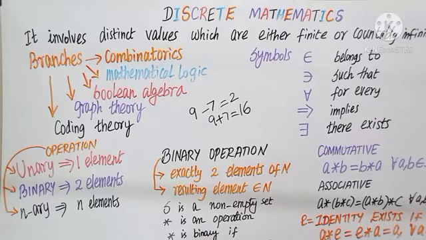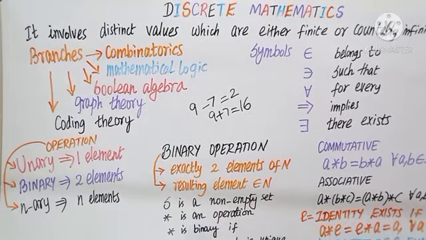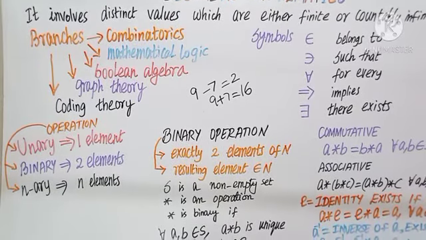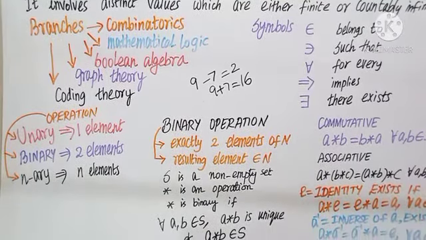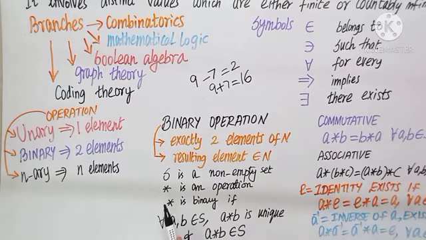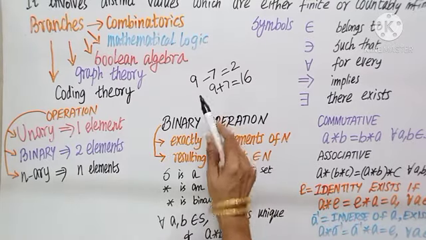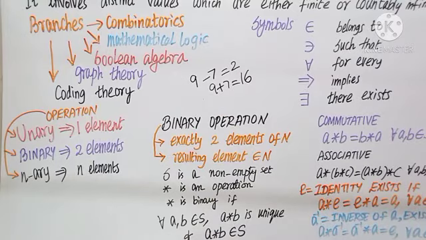What is the set? We call it S, the notation, a non-empty set. And I can say star is an operation. That star can be addition, subtraction, multiplication, or bigger of two numbers, smaller of two numbers. I can define it in my own way. So star is an operation defined on S.